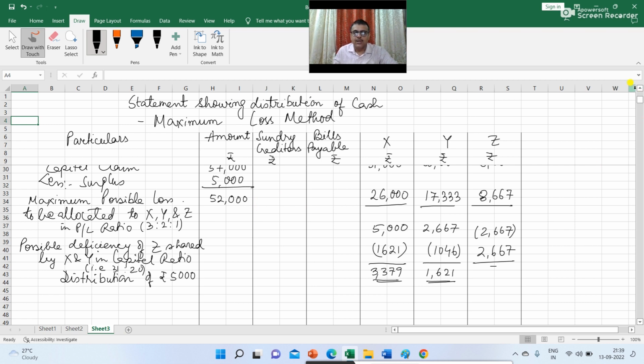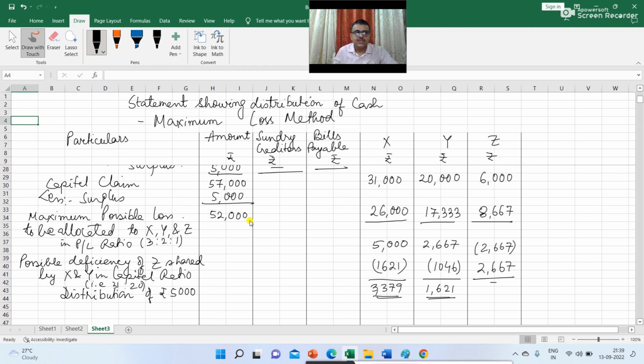So first of all, I have to consider that this is the maximum possible loss that has to be borne by the existing partners, that is 52,000. So this 52,000 was allocated to X, Y, and Z, and the 5,000, which is the surplus, is to be distributed to the existing partners.